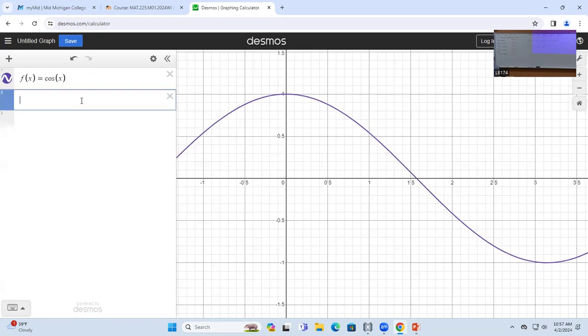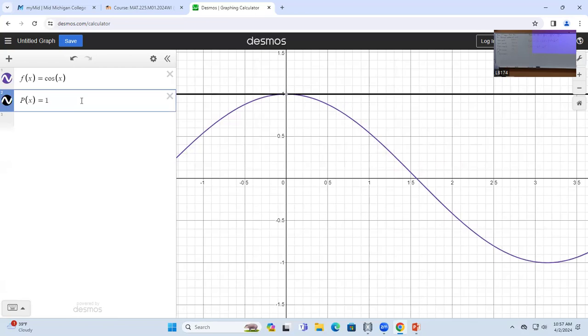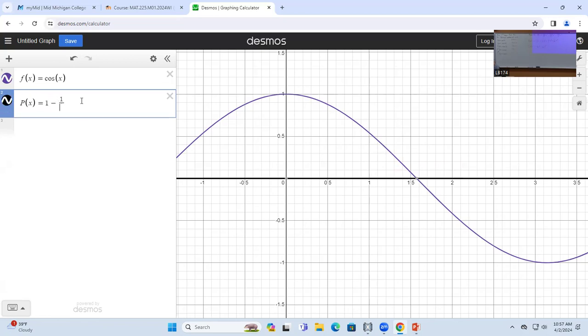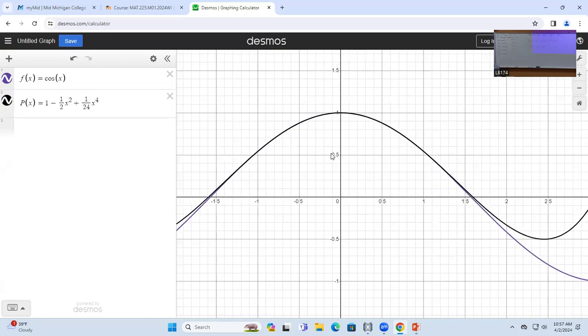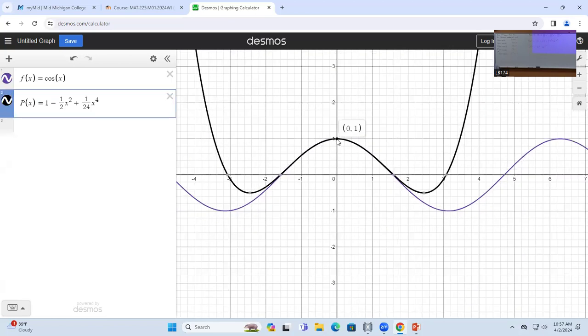And then I'll use my polynomial that I just had, 1 minus 1/2 x squared plus 1/24 x to the 4th. Notice that that polynomial works really, really well around when my x is 0. But as I get further and further away, obviously, way out here when x is 4, it's going to be a terrible approximation.